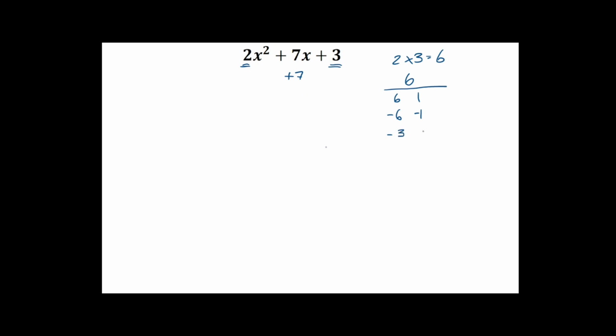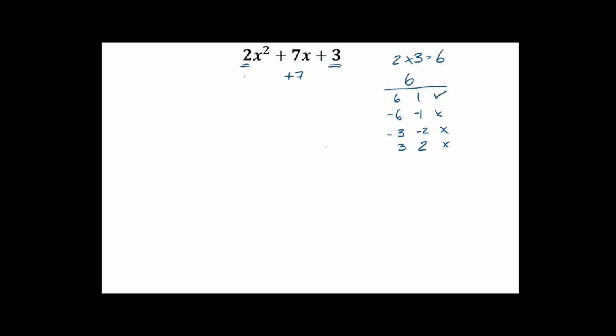And there is negative 3, negative 2, positive 3, positive 2. Negative 6 minus 1 is minus 7, so it's not that one. Minus 3 minus 2 is minus 5, it's not that one. 3 plus 2 is positive 5, it's not that one. 6 plus 1 is 7, so it's that one.